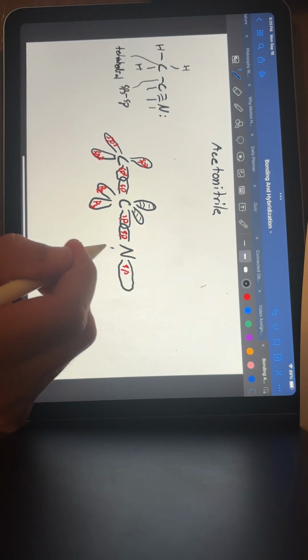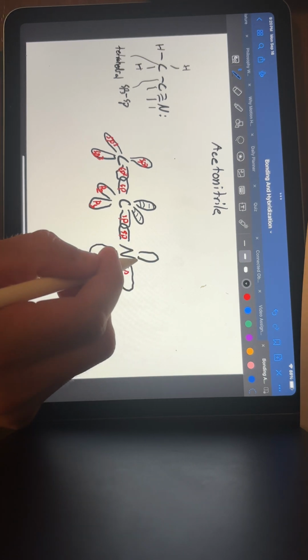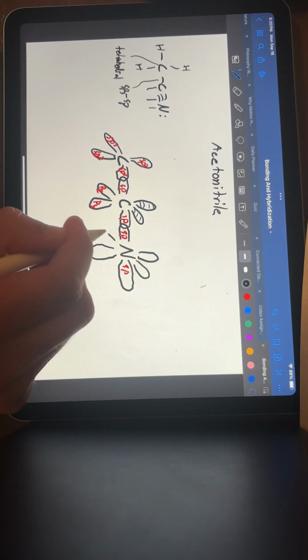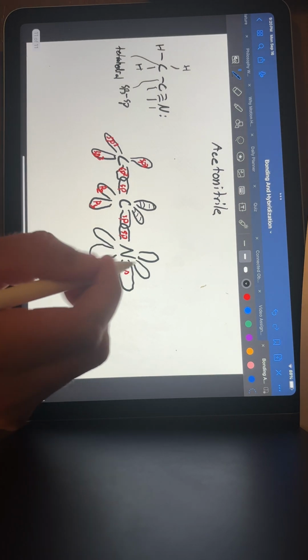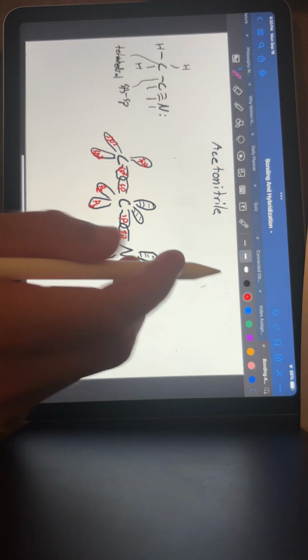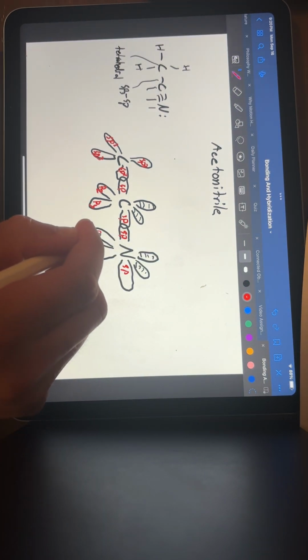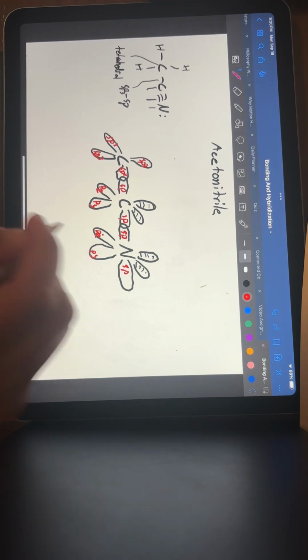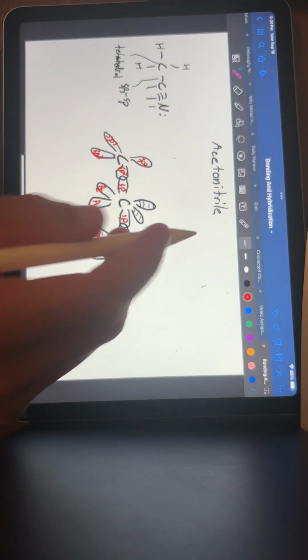This is also a linear molecule, so it's also going to be sp hybridized on the nitrogen. We have these back ones here. So these are going to also be the py and the pz. And then we'll get the axes on here.